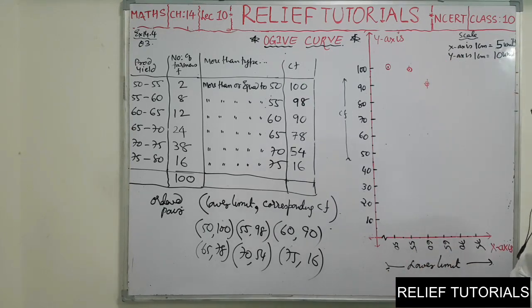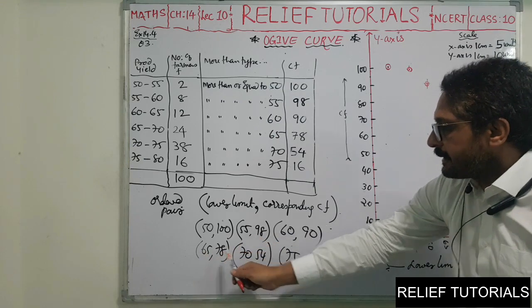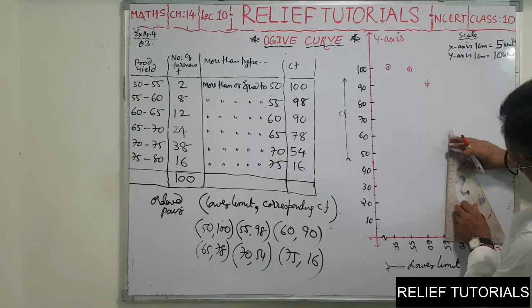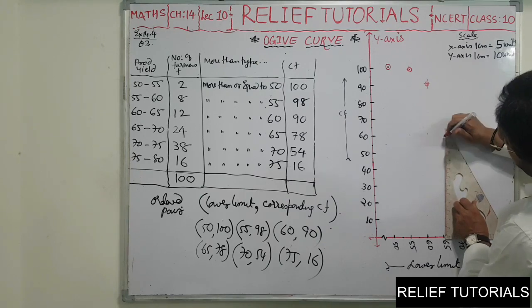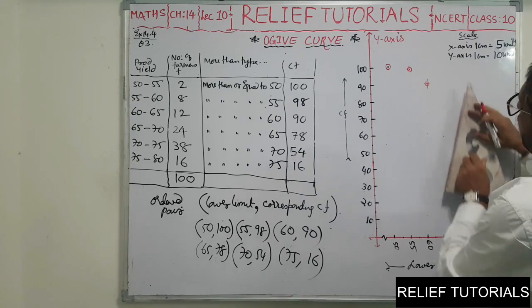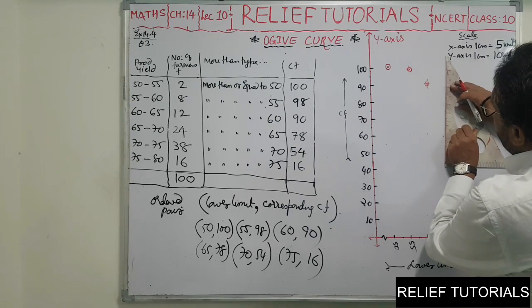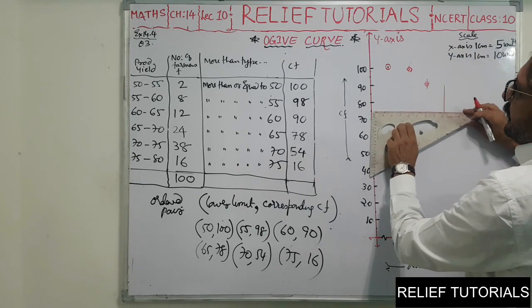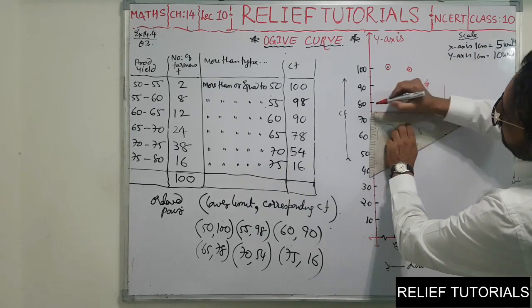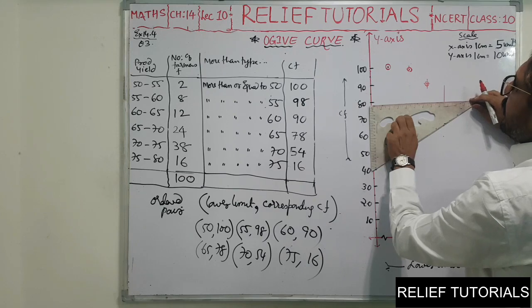Now 65, 78. So this will be 65. This is 75. 78 will be somewhere here. 78.